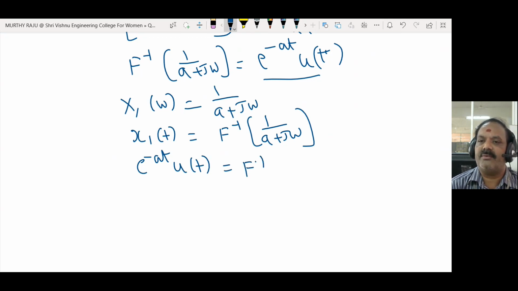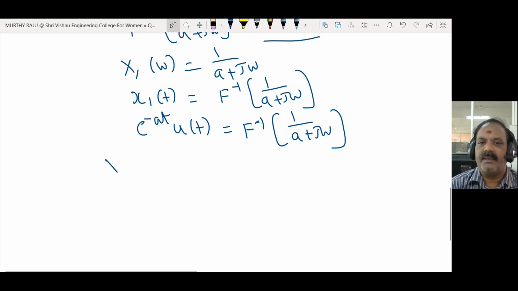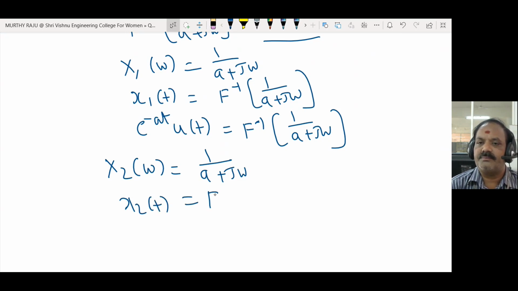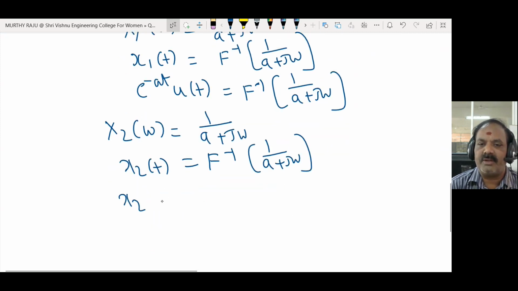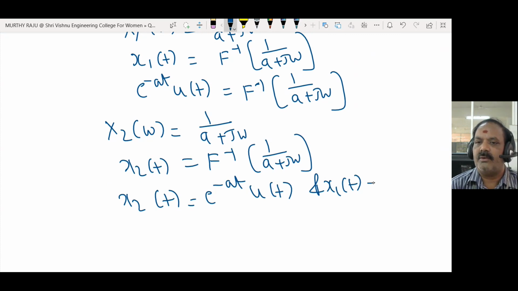And similarly, X2 of omega is the same function. x2 of t is equal to F inverse of 1 by a plus j omega, which is e power minus at u of t. Therefore, x2 of t is equal to e power minus at u of t, and x1 of t is also e power minus at u of t.